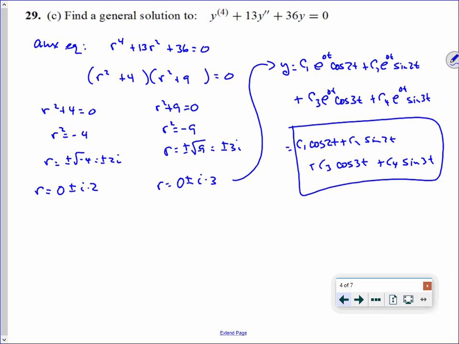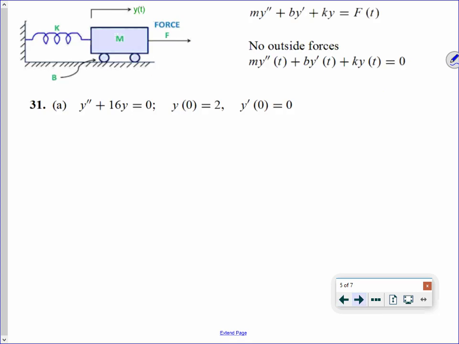All right, so what I wanted to say a little bit about now is, let's go back to what we started the chapter off with. One of our motivations for looking at these second order constant coefficient DEs was the spring mass damper system here. And this is the picture I grabbed, but it looks like the one in the book.